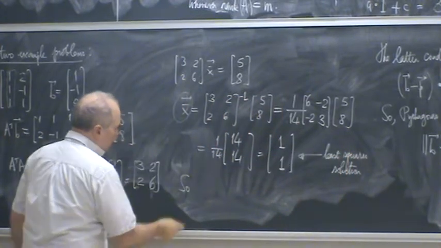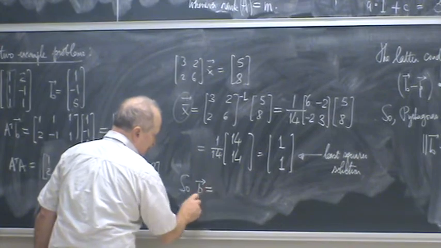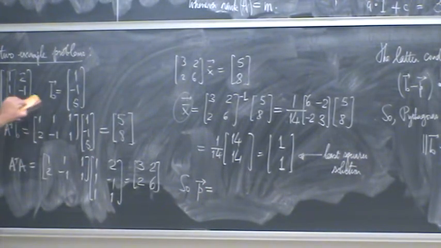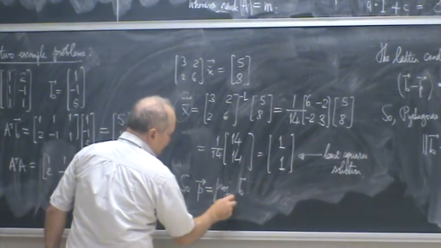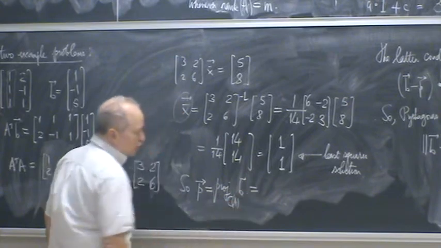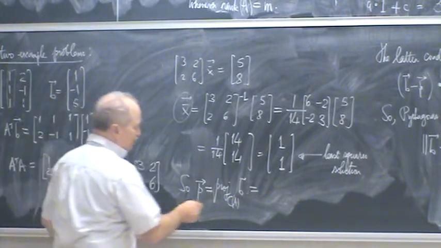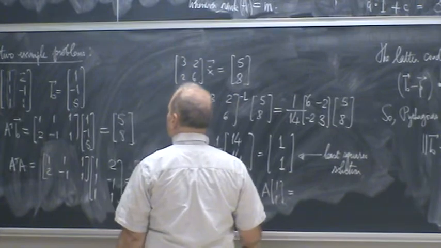But moreover, you can now tell me what is the projection of my original vector b into the column space of A. It's A times that, which means it's 1 times the first column plus 1 times the second column. 302.